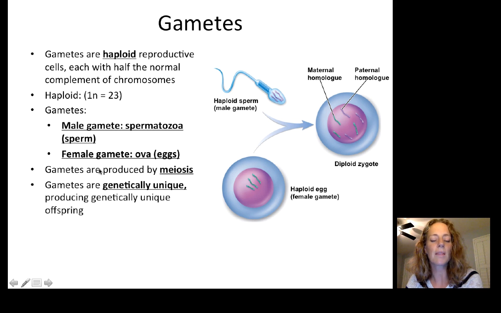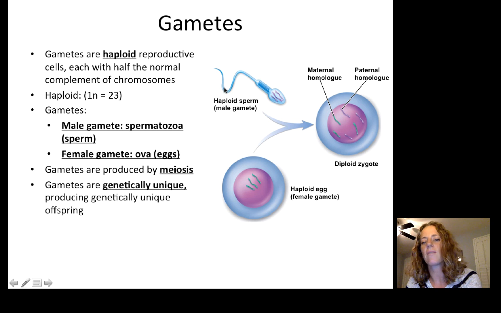Gametes are produced by the process of meiosis. What is special about meiosis is that it creates genetic variability, such that gametes are genetically unique from the cells that they were made from. So this can give the opportunity in humans and other animals that have sexual reproduction for genetically unique offspring.